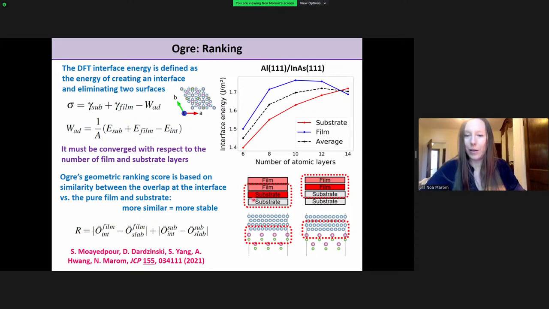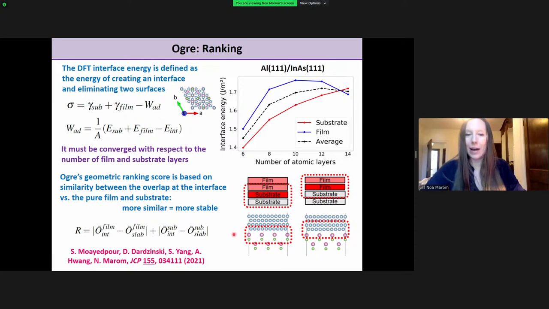That's illustrated here. We take these three layers and we look at what happens at the interface compared to what happens in the pure substrate. Then we do the same for the film, what happens at the interface compared to the pure film material.